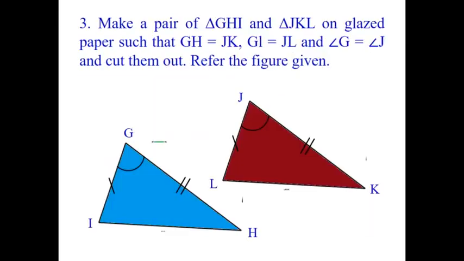Then make a pair of triangle GHI and triangle JKL on glazed paper such that GH is equal to JK, GI is equal to JL and angle G is equal to angle J, and cut them out. Refer the figure given here.